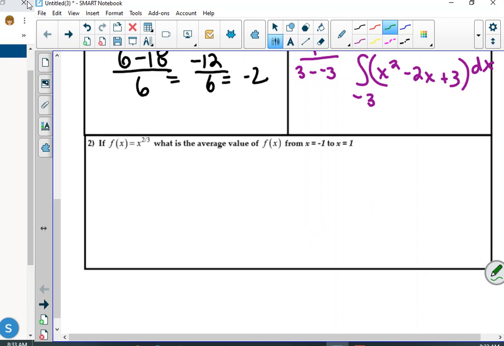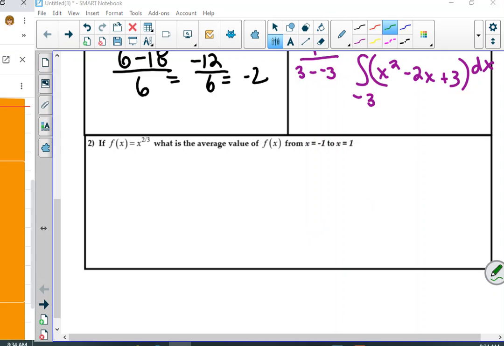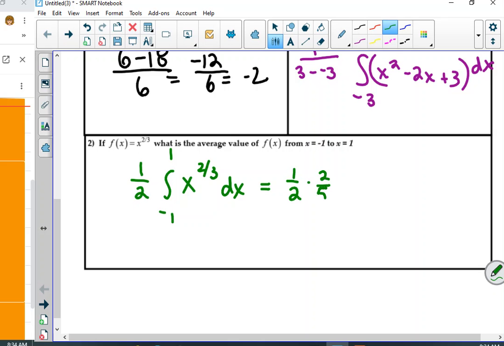Okay. I'm trying to do this quick. So hopefully you wrote 1/2 times the integral from -1 to 1 of x to the 2/3 dx. So this would be 1/2 times 2/5 x to the, actually not 2/5, I apologize.